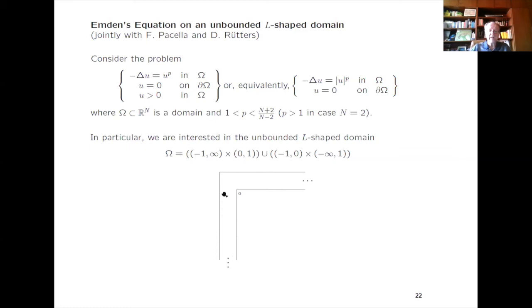And now we solve three independent eigenvalue problems on this little rectangle and on these strips, with Neumann boundary conditions at these interfaces. And we can solve all these three eigenvalue problems in closed form simply by separation of variables.